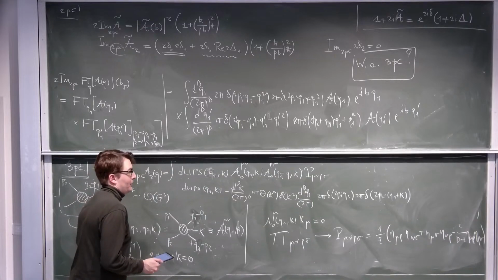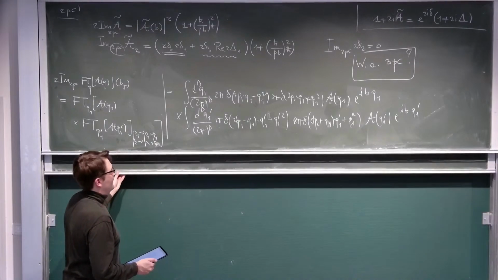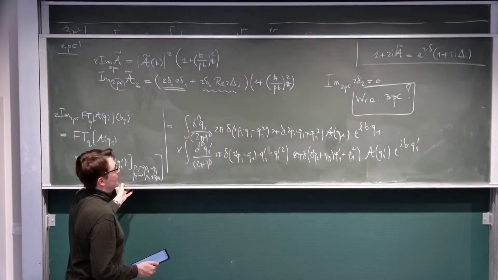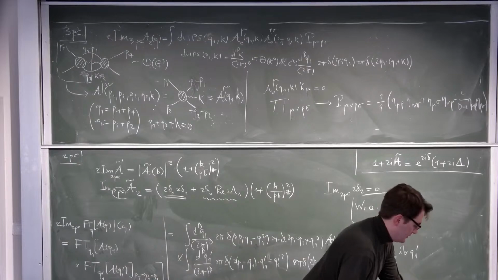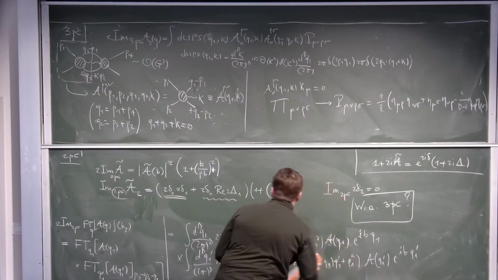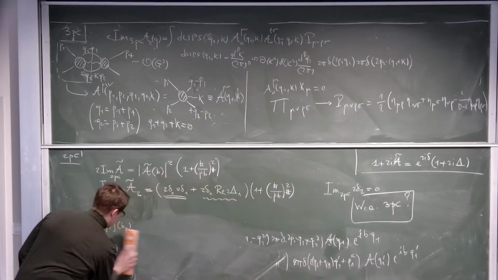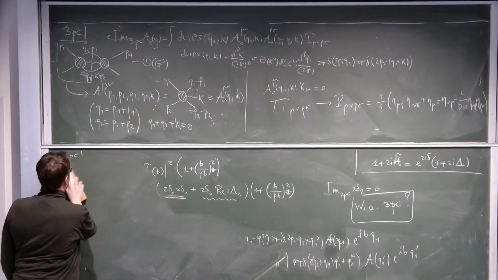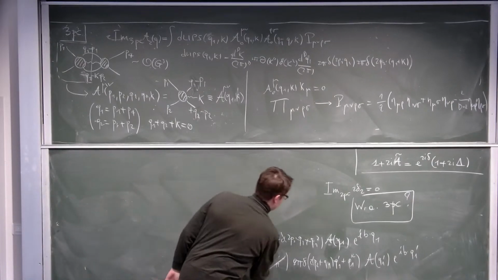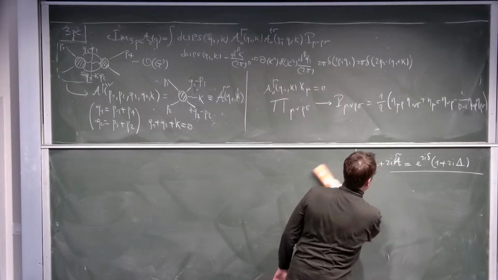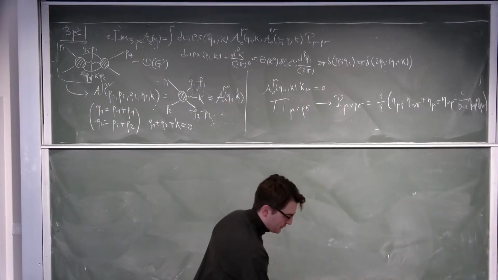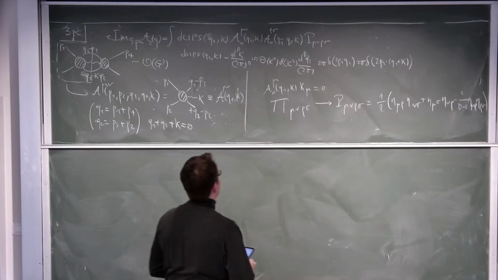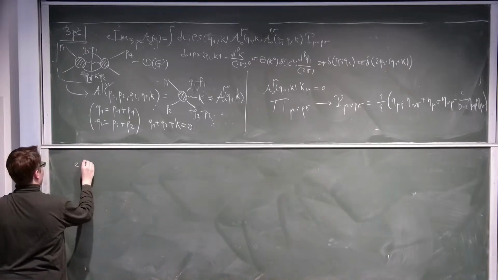So now we will try to play our favorite game and take the Fourier transform. By now you know the drill, right? We're going to apply the Fourier transform to both sides and then try to come up with a change of variable.